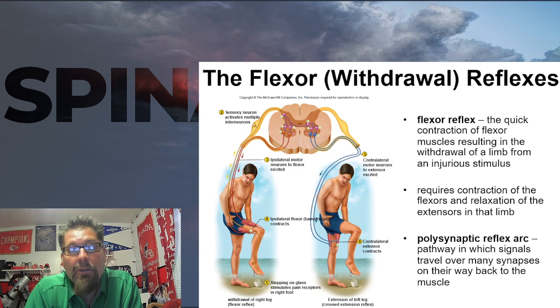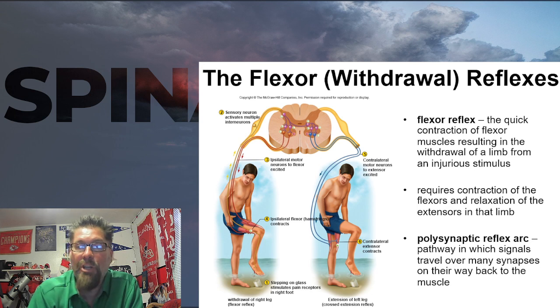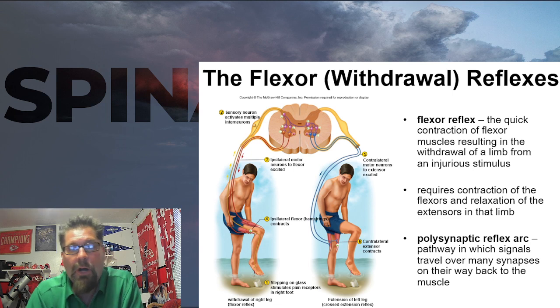Because in this case, now your leg is up, and the body has to be prepared for that, or else we're just going to topple over. So the left side is all about getting that extensor muscle away from the stimulus, and then the right-hand side is all about the flexor muscles, making the needed adjustments for that, so you don't just topple over. And of course, it shows hamstring and quads, but it would be more than that.